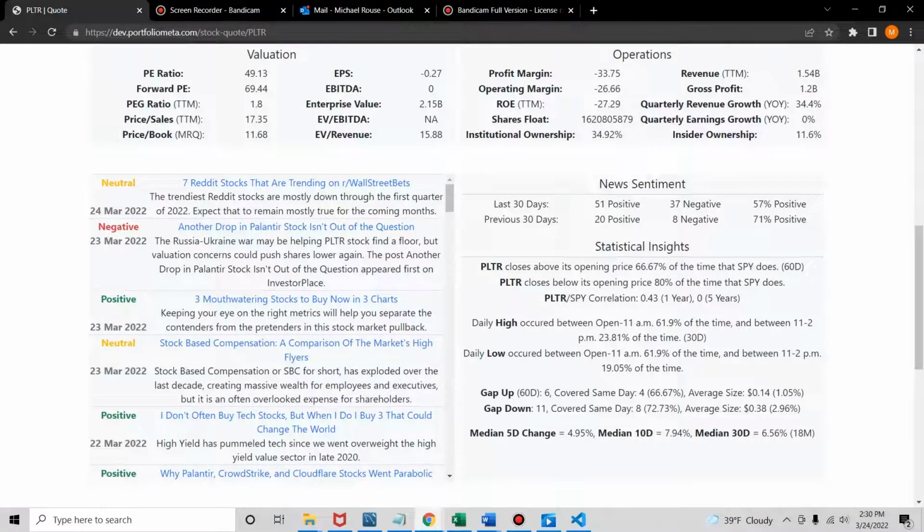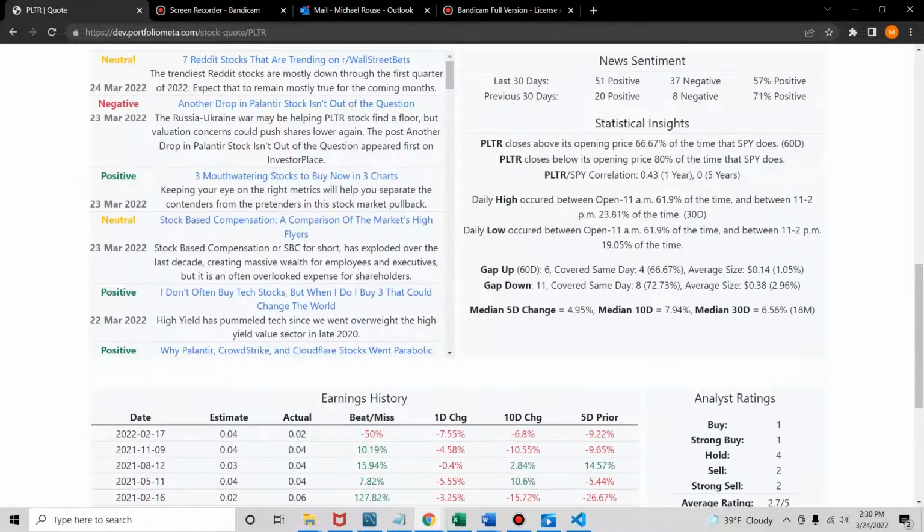And over here, it shows you the news sentiment around the stock in the last 30 days and the previous 30 days before that. So you can compare the sentiment around it in the last 30 days compared to the month before that. As you can see here, it looks like the positive sentiment around Palantir hasn't been doing so hot in the last month compared to the month before that.